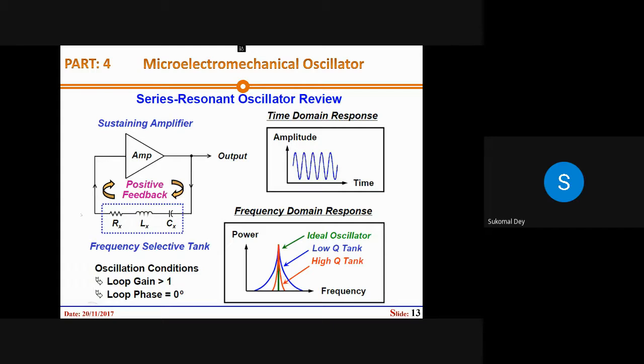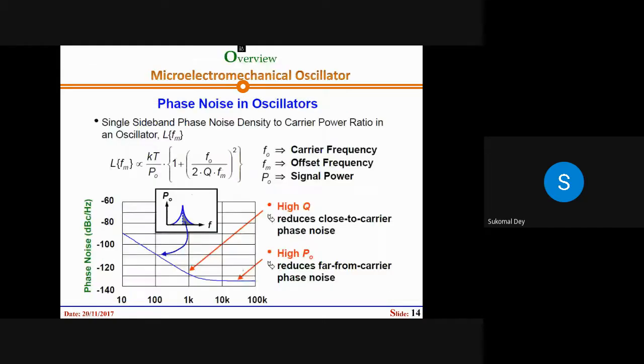crystal. Now, whenever you are developing such an oscillator, the phase noise of the oscillator plays a very important role. The phase noise is defined by Leeson, who developed this phase noise model, where the phase noise is basically inversely proportional to the square of the quality factor. It means that if from the resonator you can achieve a good quality factor, you can substantially improve the phase noise performance.